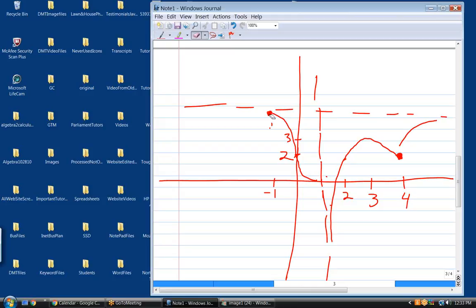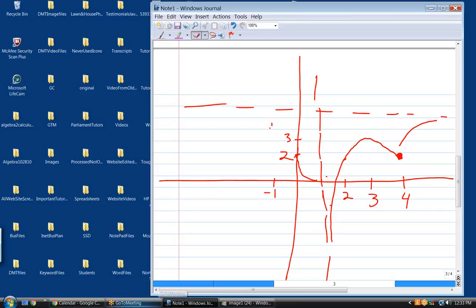Which leads me to believe that maybe there is an asymptote there. Although I'm trying to figure out how that would work, because we know that as we approach -1 from the right, we're approaching 4. So I don't quite understand.